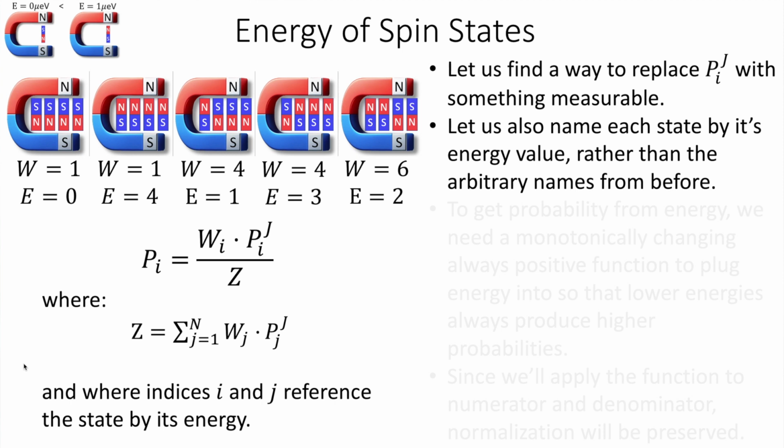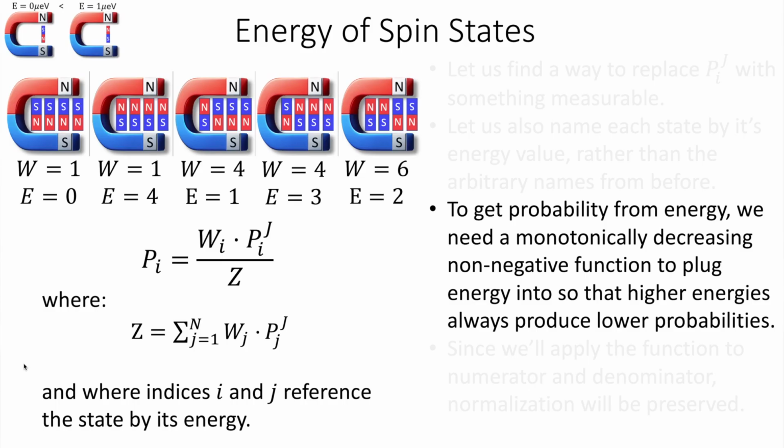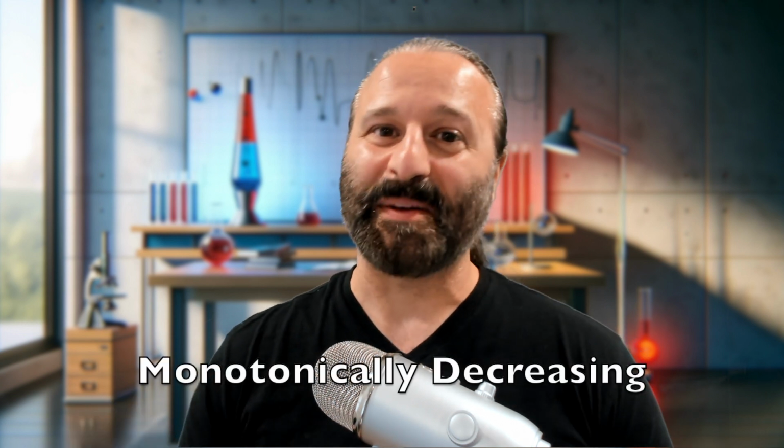All right, so we need some kind of function we can plug energy into. Our function is going to need to have certain properties. For example, it should be monotonically decreasing. If I give two energies to this function, a lower one and a higher one, the lower energy needs to produce a higher probability every time. So we can't have the function going back and forth. It has to be monotonically decreasing.